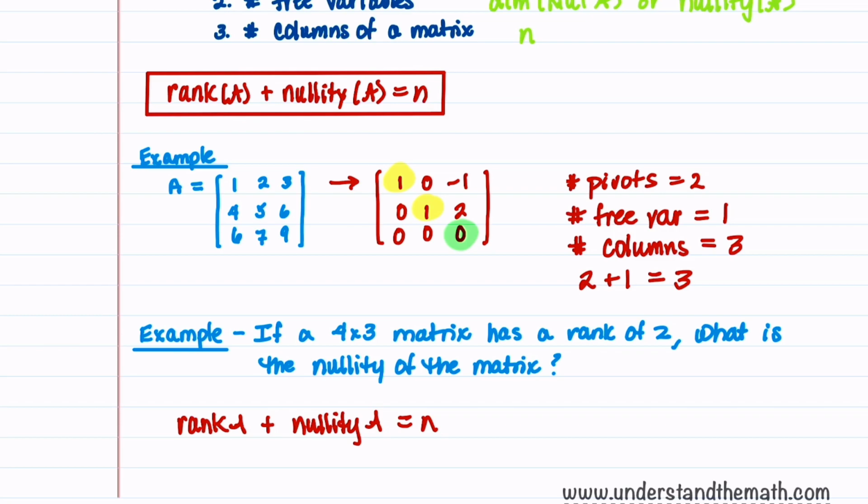Our rank of A is equal to 2. The nullity is what we don't know. And then n is our number of columns. It's a 4 by 3 matrix, so that means we have 3 columns. So that tells us that the nullity is equal to 1.